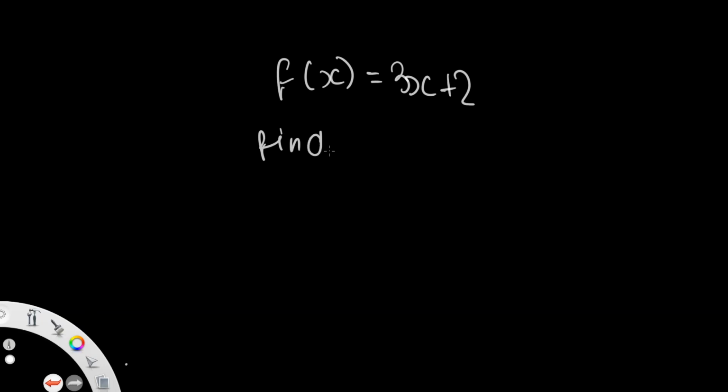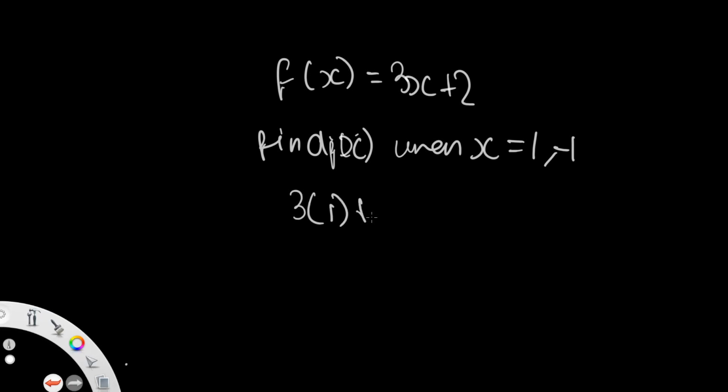We're told to evaluate the following functions with input values. So let's do this one. f of x is equal to 3x plus 2, and we're told to find f of x when x is equal to 1 and negative 1. For this one, all we need to do is substitute in the values.